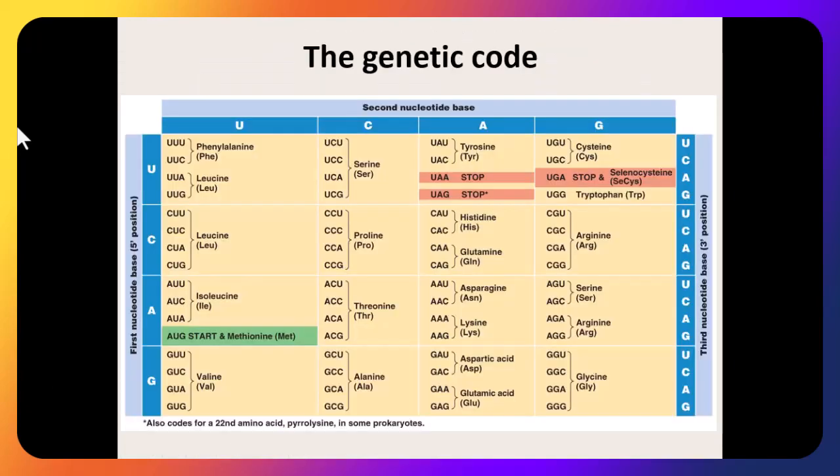So, before we get to that, if there is a T on DNA, what letter gets brought in for RNA? A. What letter gets brought in if there's an A? A U, because again, there are no T's in RNA. There is a C, a G, should be AUG.